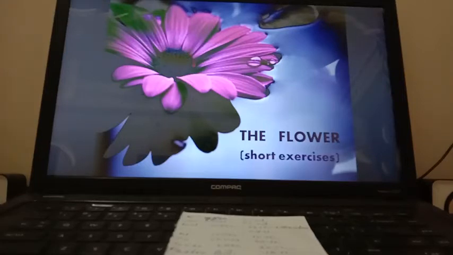Number 3, the female part of a flower is gynoecium, pistil or carpel. Number 4, the transfer of pollen from anther to stigma is pollination. Number 5, fruit represents a mature ovary while the seeds represent ripened ovule.